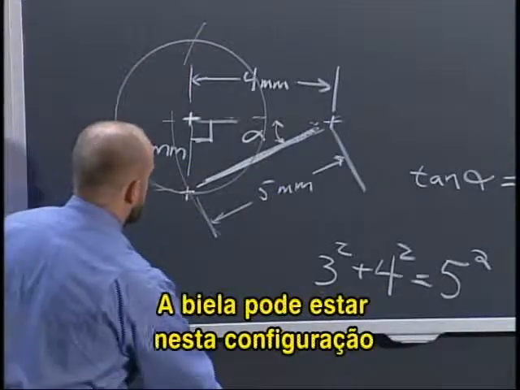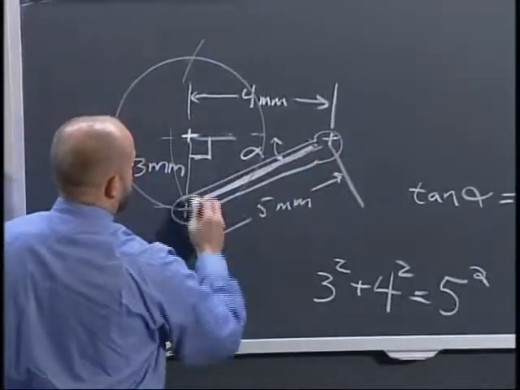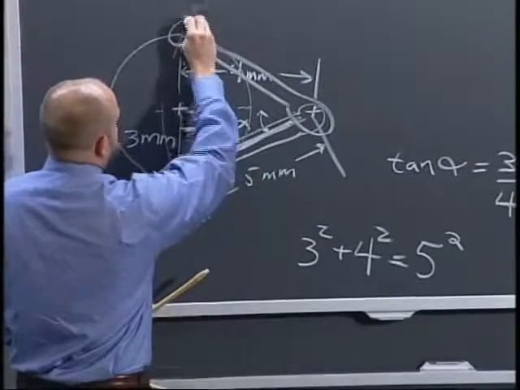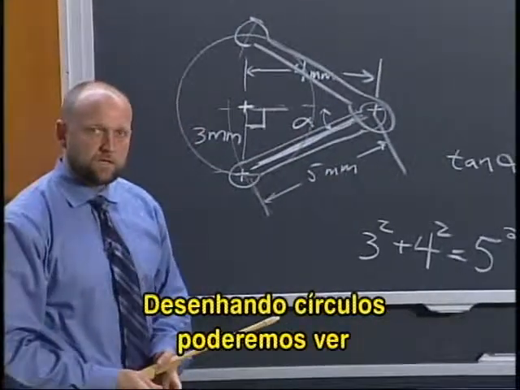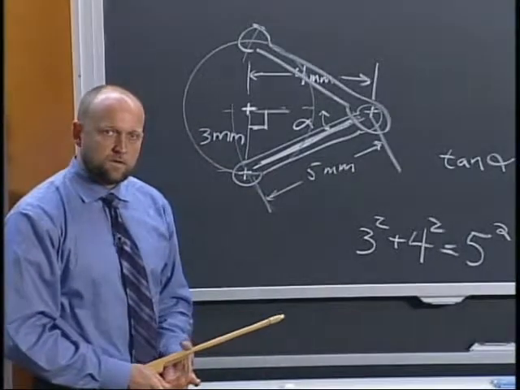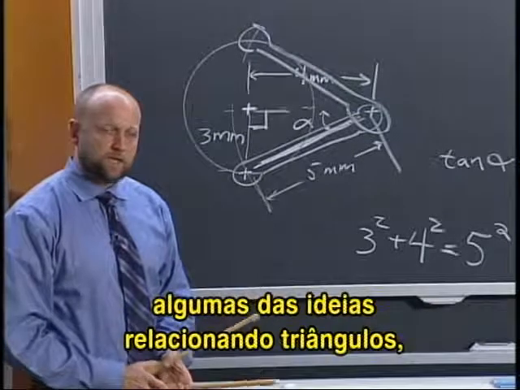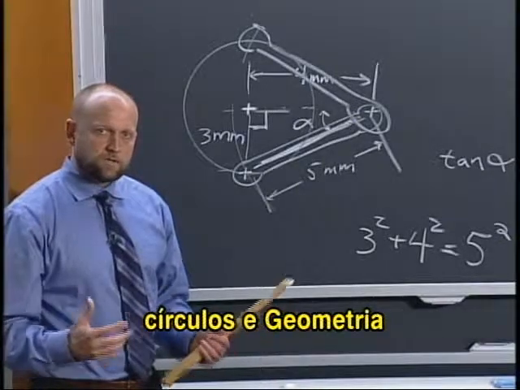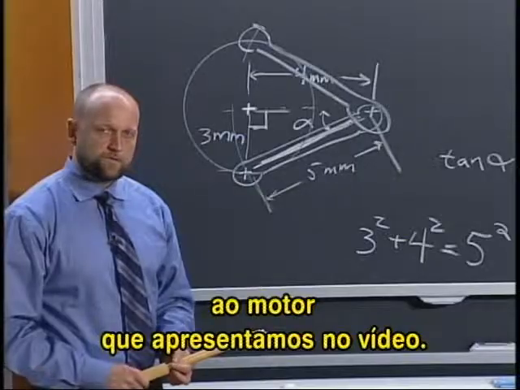The connecting rod could be in a configuration like this, or it could be up here in a configuration like this. Drawing some circles will help you to see that both of those are valid answers to the question I posed. So your students should be able to articulate some of the ideas relating triangles and circles and geometry to the engine that we introduced in the video.